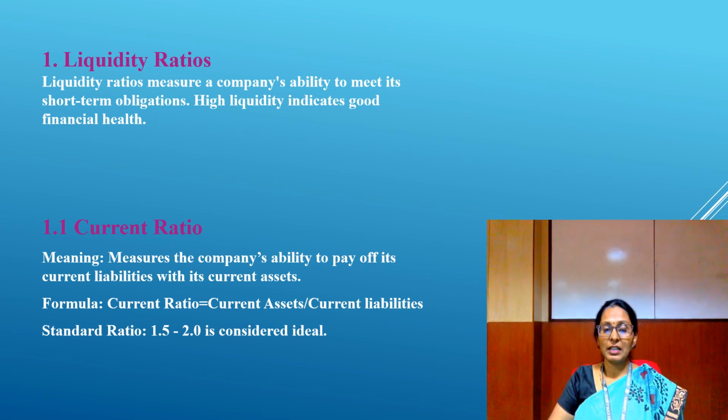We say that the current financial position is very good, the liquidity position is very good, because the current assets are double the current liabilities. In some organizations, there may not be a requirement for too many current assets, so even 1.5 is taken as a satisfactory ratio, or above the average ratio.